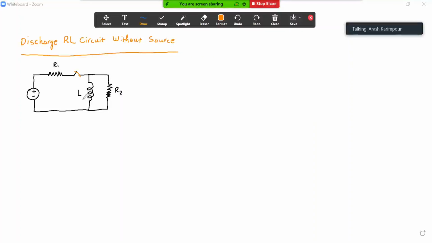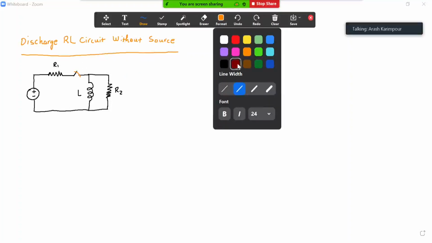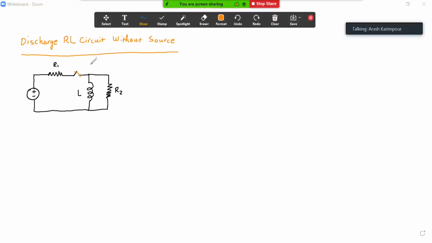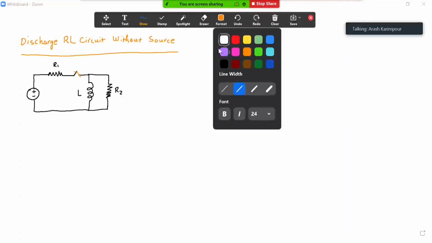It takes a while to be fully charged, and after it's fully charged it behaves like a short circuit. After it's fully charged, assume at t0 we go ahead and open the key.